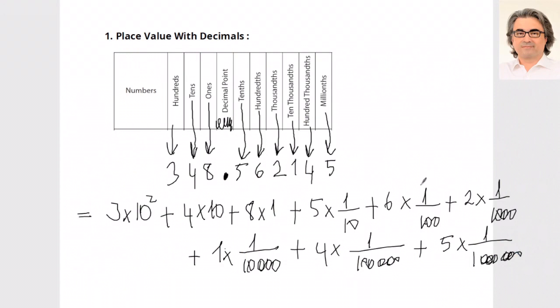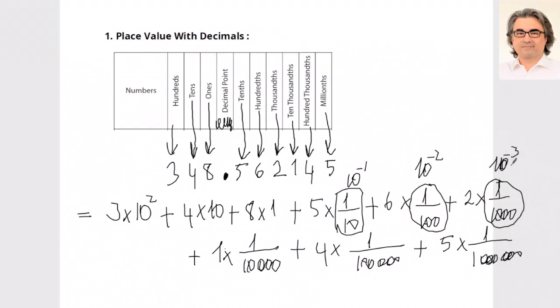Now, of course, you may write, instead of 1 over 10, 10 to the power of minus 1. Instead of 1 over 100, 10 to the power of minus 2. Instead of 1 over 1000, you may write 10 to the power of minus 3. And what about this? It's 10 to the power of minus 4. It's 10 to the power of minus 5.